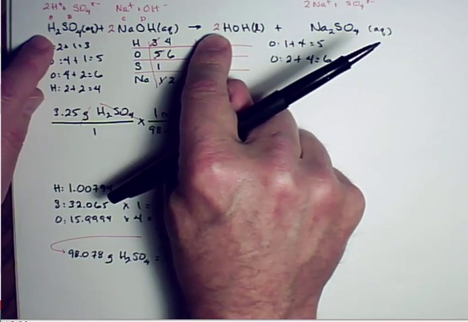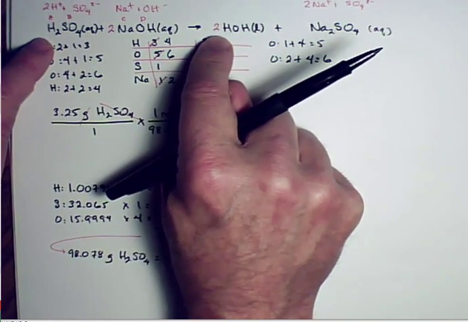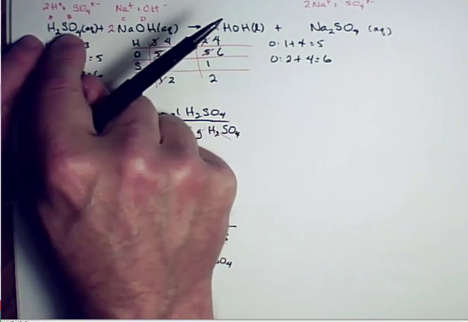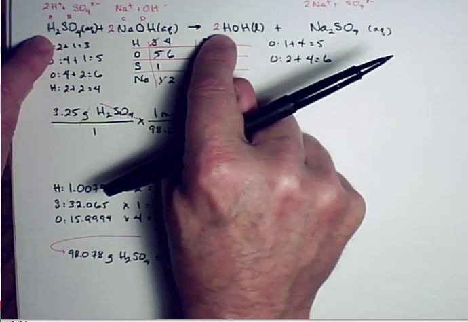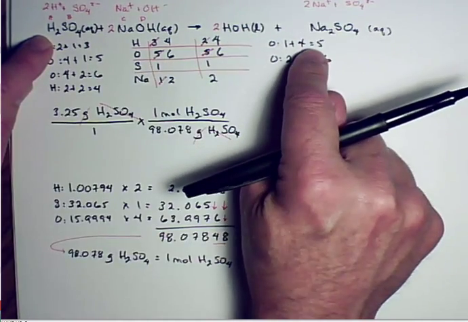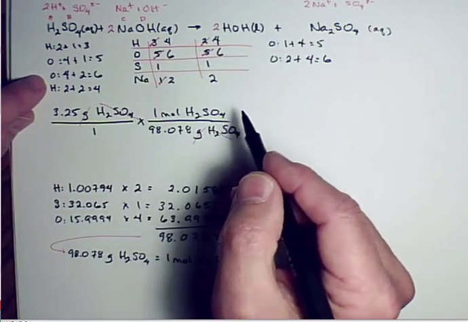The balanced equation, we can assume these coefficients here, this implied 1 on the sulfuric acid and the 2 on the water, we can assume those to be either particles, like 1 formula unit of sulfuric acid and 1 molecule of water, or we can assume those to be moles. Okay, as long as we multiply everything in here by Avogadro's number, we've got coefficients of moles, which makes this math a whole lot easier.